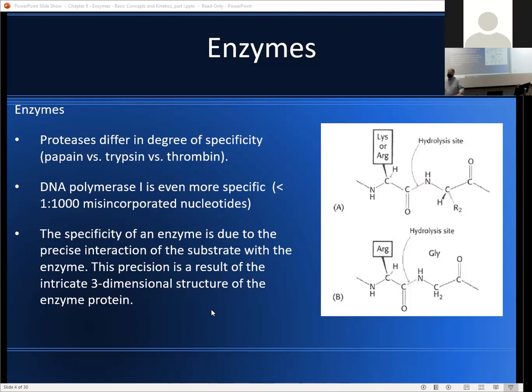The interactions that specifically hold the substrate into the active site of the enzyme are weak molecular interactions. We're talking about things like hydrogen bonding, ionic bonding, and hydrophobic interactions.